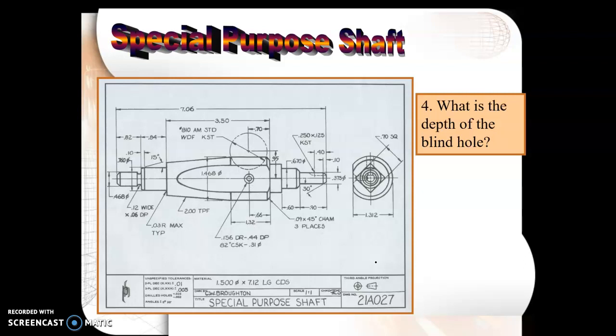So the first step to answering this question is to locate the hole. And here it looks like we have a hole. And if we look at the hole note, it does indicate here a depth. It uses the abbreviation DP. Alternately, it could have used a depth symbol. But either way, it has a depth of 0.44.